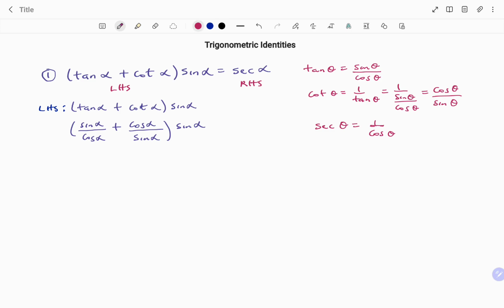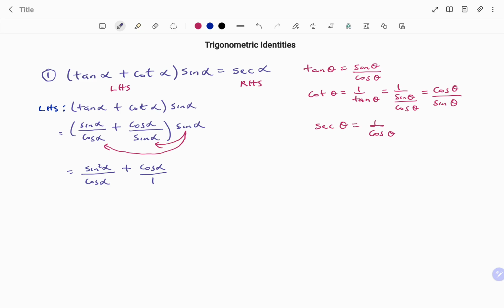What we're going to do is expand the bracket by multiplying all the contents of the bracket with sine alpha. So what we're going to have is sine squared alpha over cos alpha plus cos alpha over 1.